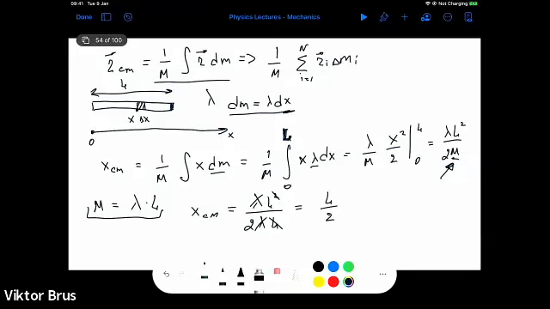For a uniform rod, the center of mass is at the middle of the rod. This is here X center of mass. Quite an intuitive result.